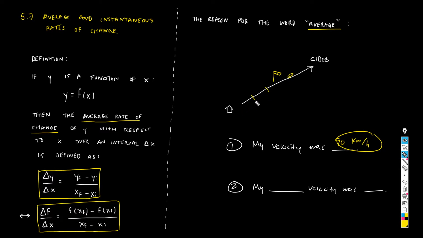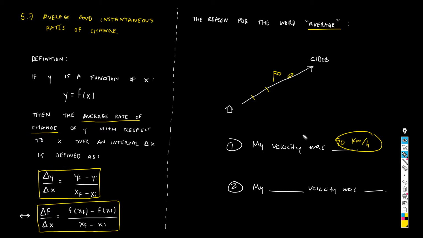You have to slow down when passing through a speed bump. You have to stop completely on a red light, and the traffic is gonna slow you down, etc. And then you're gonna speed up, etc. So basically, your velocity is changing throughout this journey. It's changing constantly. Sometimes you can reach 100 kilometers per hour. Sometimes you're gonna stop completely at the traffic lights, etc.